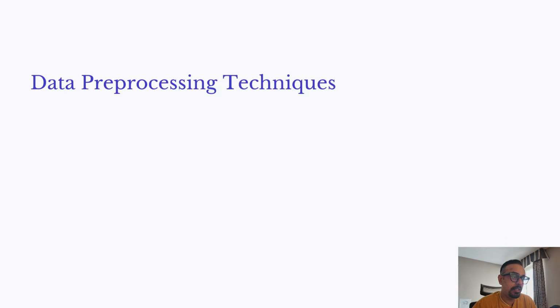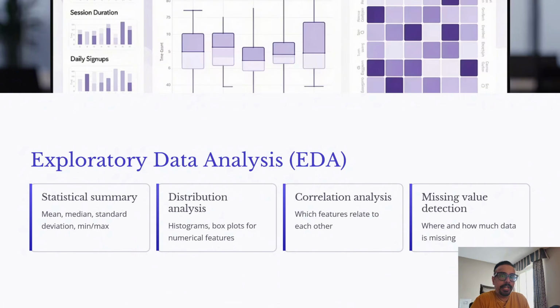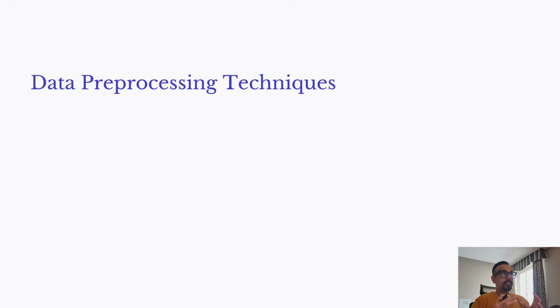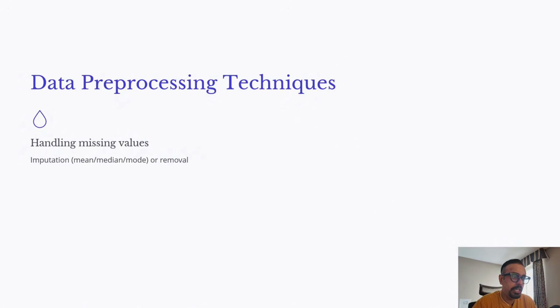Now, pre-processing transforms messy raw data into clean, consistent data ready for machine learning. So in the previous step that I showed you for EDA, we understood what are the shortcomings in the data. Now comes the phase where we are going to fix that with pre-processing techniques. Handling missing values is often your first pre-processing task.